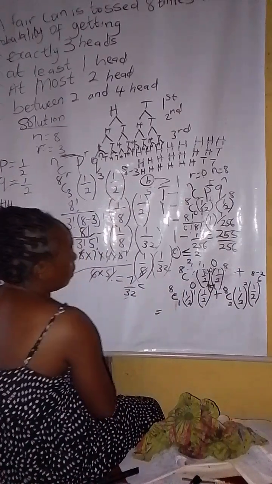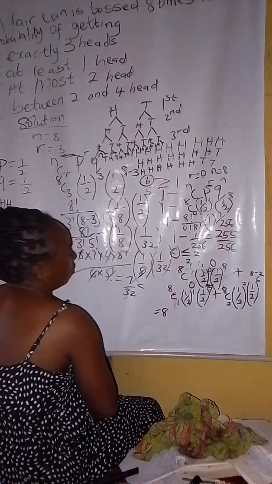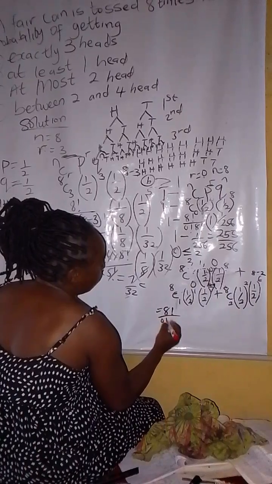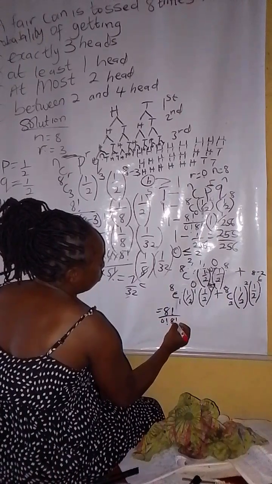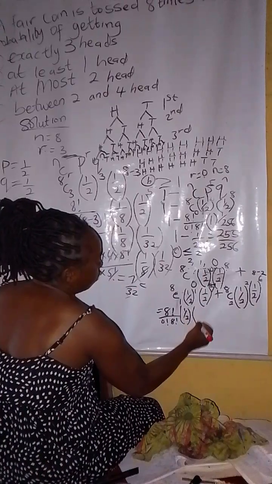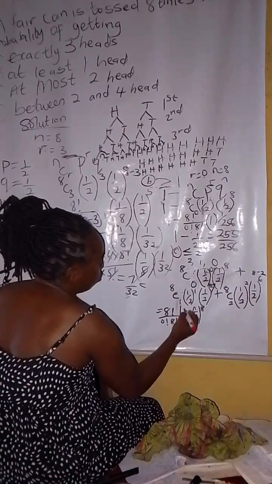We have 8 combination 0. That will be 8 factorial over 0 factorial, 8 factorial, then half, 1 over 2 to the 8. This will give us 1.